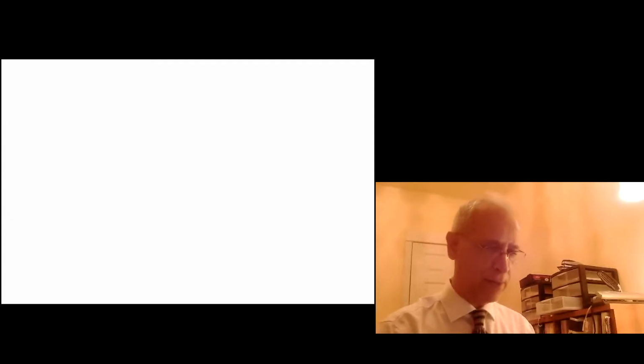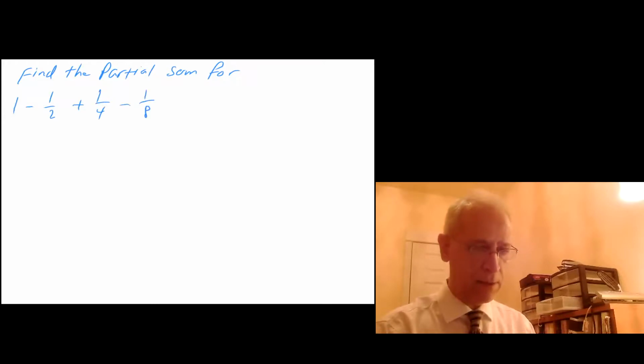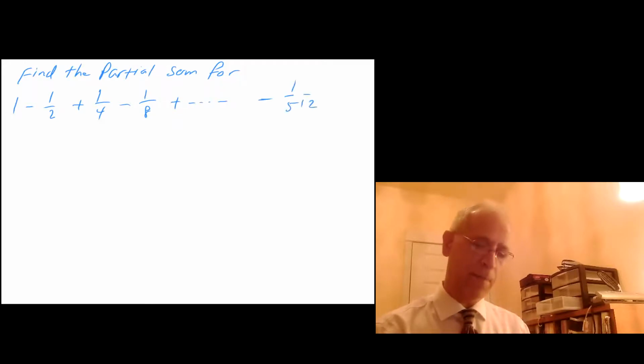Suppose we want to find the partial sum for 1 minus 1/2 plus 1/4 minus 1/8 plus dot dot dot all the way to minus 1 over 512.